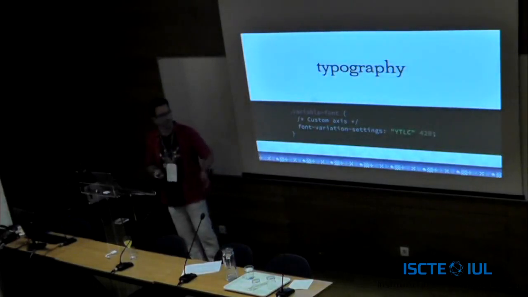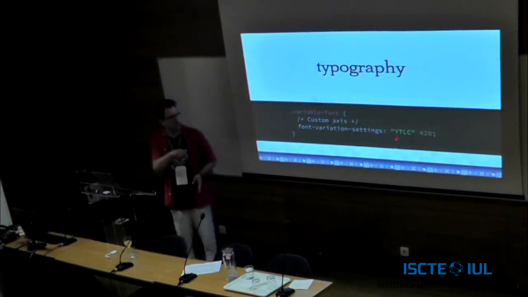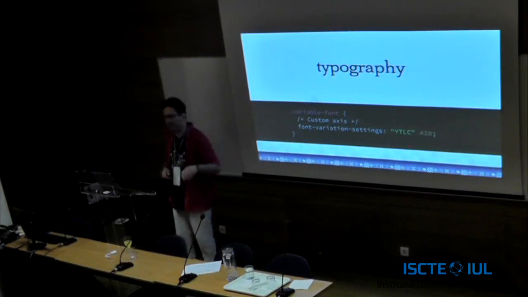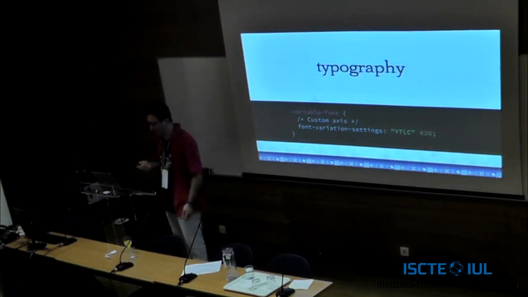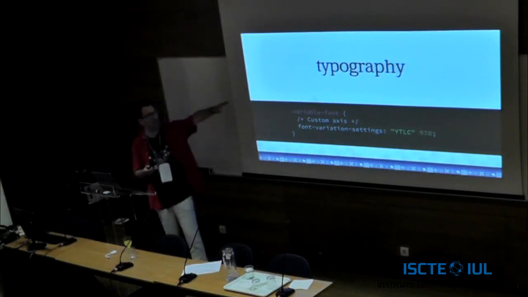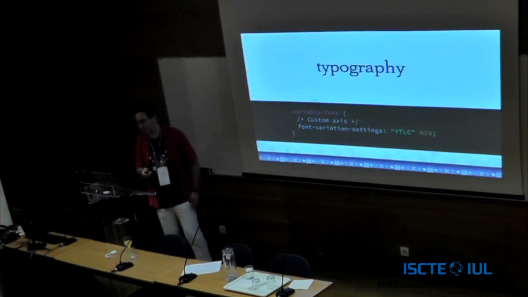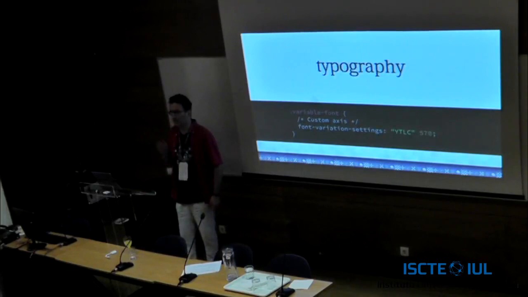For example, this is a custom setting, and please notice that we switched to all caps. So registered axes are marked with lowercase letters, and any custom settings are marked with capital letters. And this custom axis is just something like an x-height. That's all. It comes from the design of this font. It's custom. But it's just one simple example.